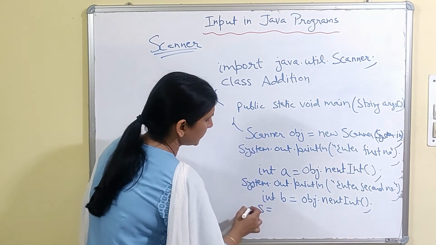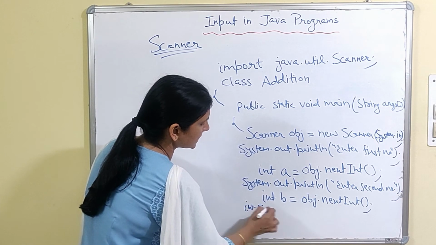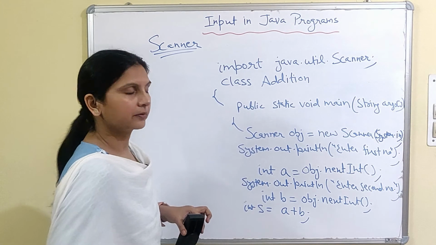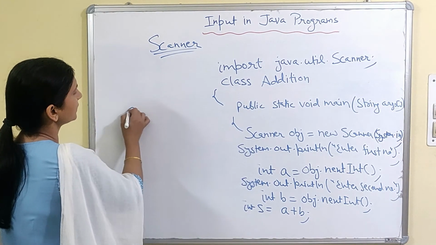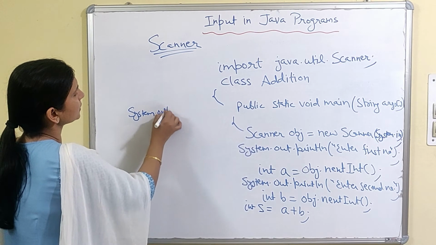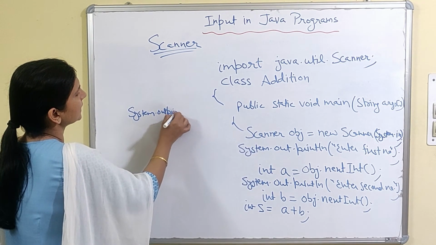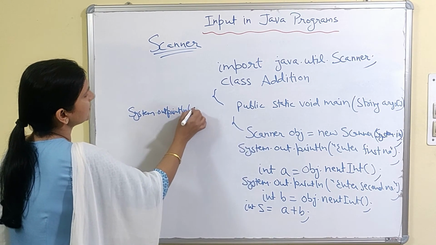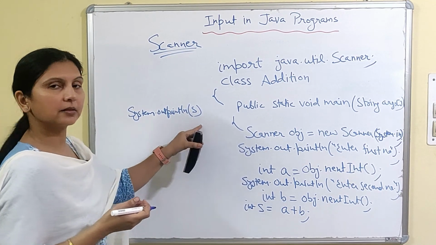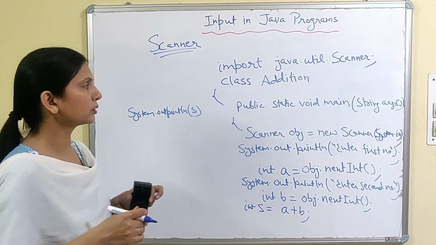Then we will calculate the sum. So int s equals a plus b. Fine. And then we will display it with System.out.println s, or if you want to display it with a message, sum equals, within double quotes.